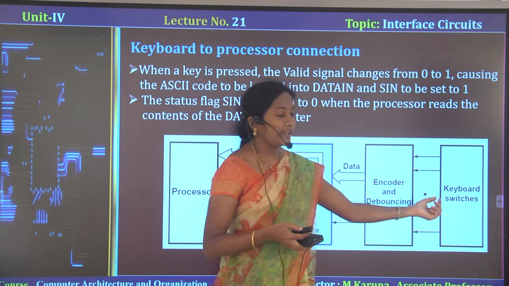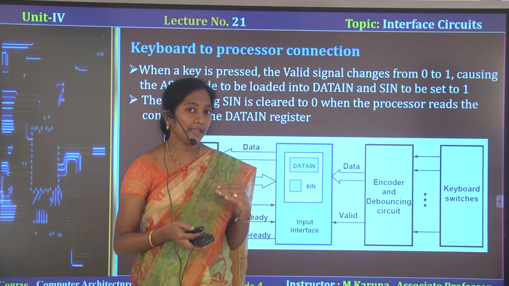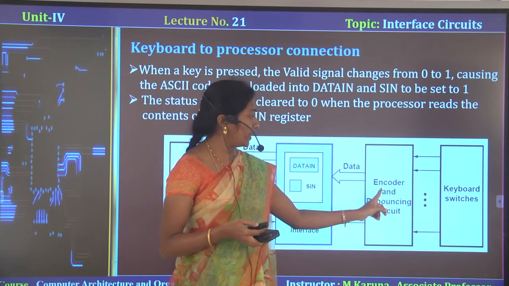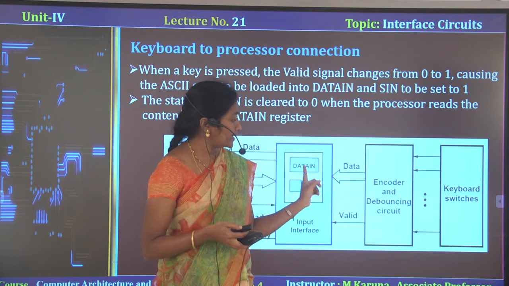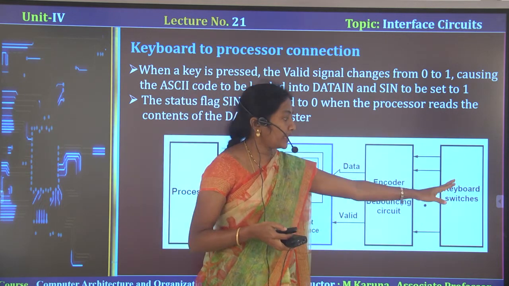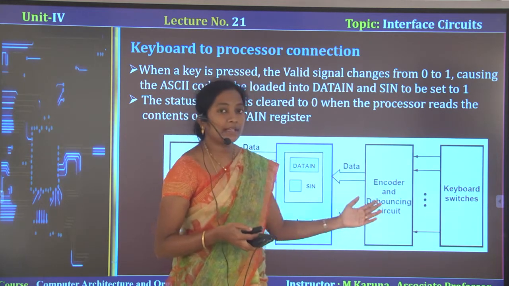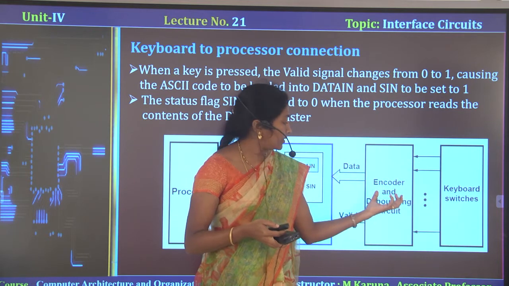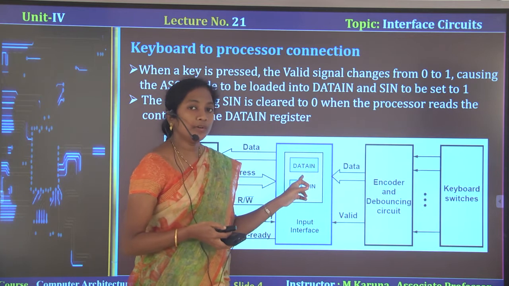Whenever you press a key on the keyboard, the corresponding character code will be loaded into the data in register. At the same time the valid bit will be set to 1. Whatever key is pressed, the encoder circuit translates it to the corresponding ASCII code, which will be loaded into data in.